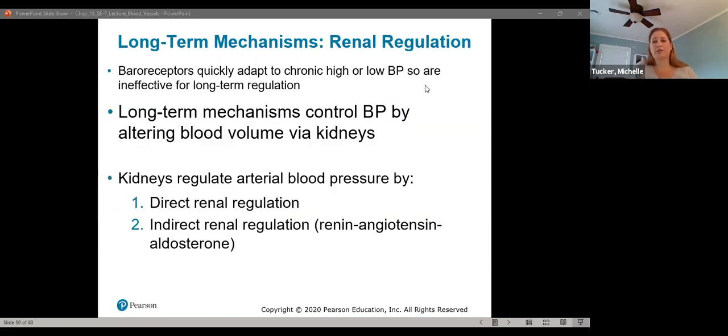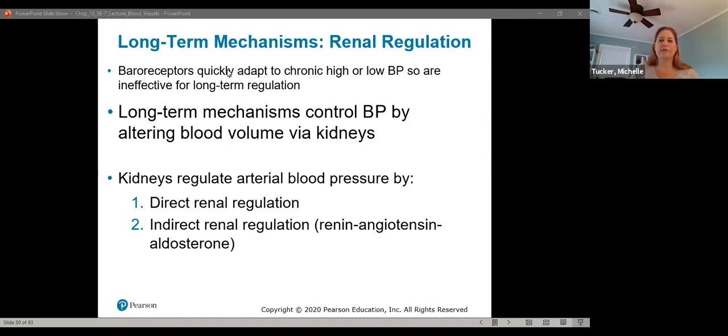So we covered short-term neural and hormonal regulation of total peripheral resistance and cardiac output. We didn't cover cardiac output as much because that was actually in 16 and 17. And now we are going to look at long-term regulation via the kidneys. So baroreceptors, which are the main input short-term, so like when we stand up, we don't faint, okay?